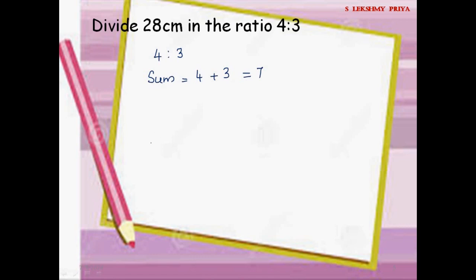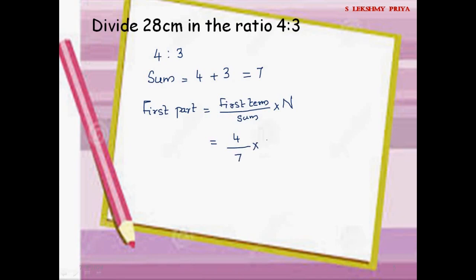So the first part is equal to what we have learned: first term by sum, into the number to be divided. Here the first term in the ratio is 4 and the sum is 7.